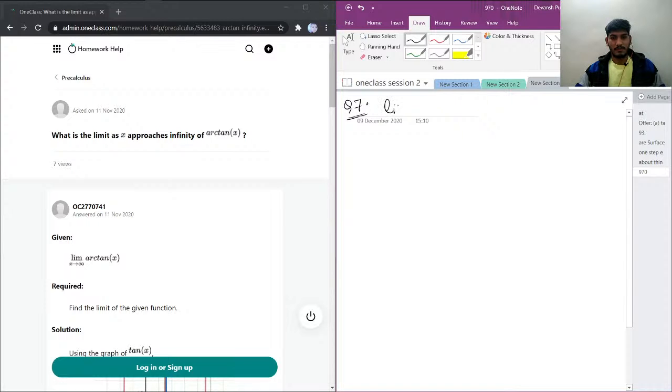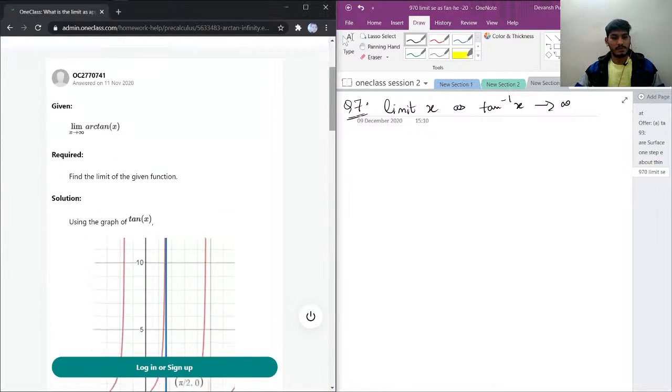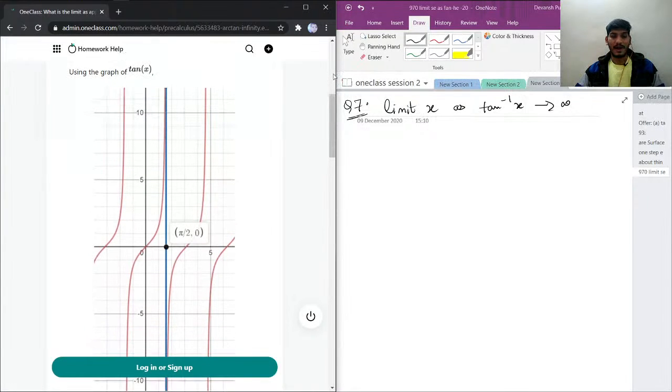So limit of tangent inverse of x as x approaches infinity. For this we can use the graph of tangent of x.